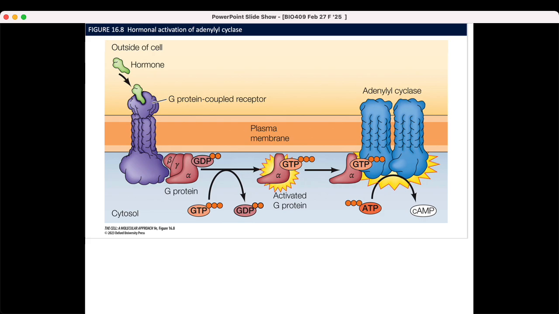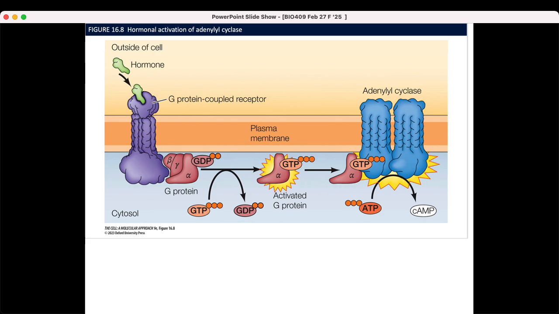In this case, it's the alpha subunit. The other subunits fall away, and the alpha subunit is bound to GTP and is active until it breaks the GTP down to GDP. G proteins are called G proteins because they are always bound to either GDP and inactive, or GTP and active. And that's the end.